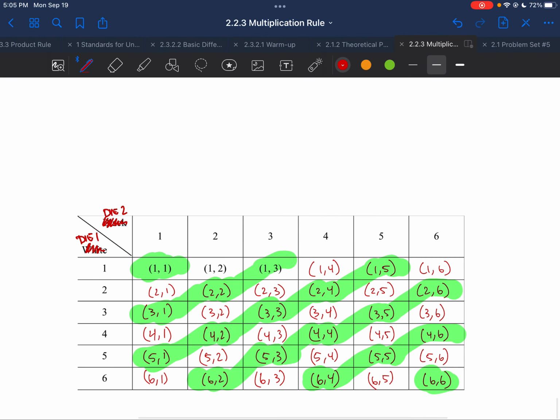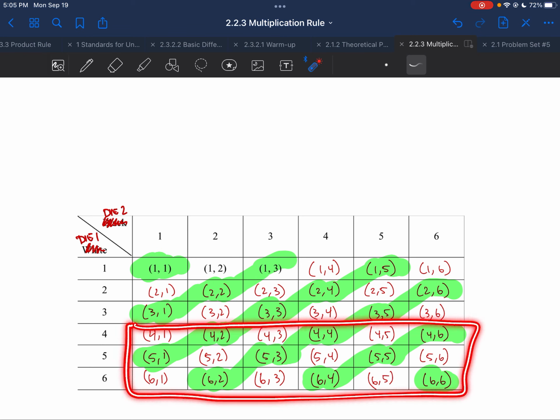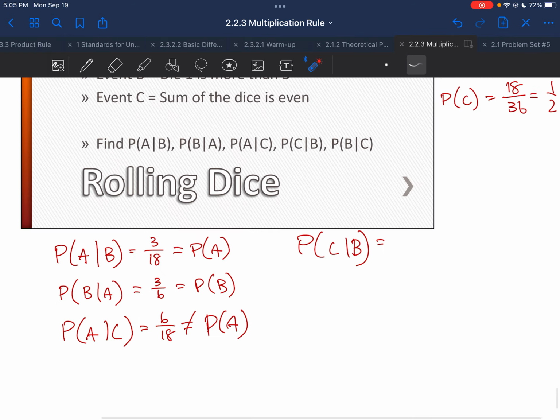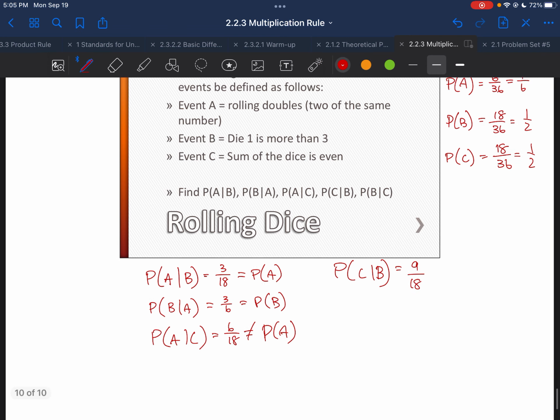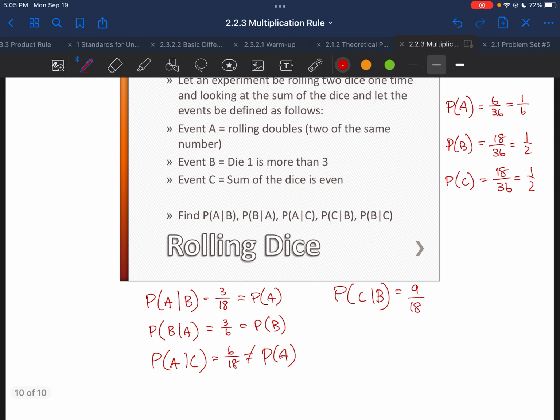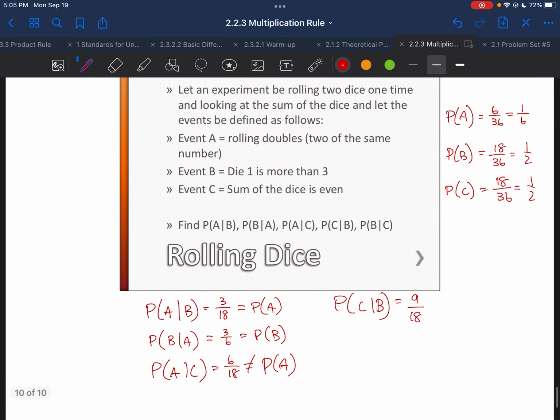Die 1 being greater than 3 is this sample space right here, and now we're just looking for the sum of them being even. There are 1, 2, 3, 4, 5, 6, 7, 8, 9 values in here, 9 values out of the 18 that were highlighted in that region, which is equal to 1/2. That is the probability of C, and so these are independent events.